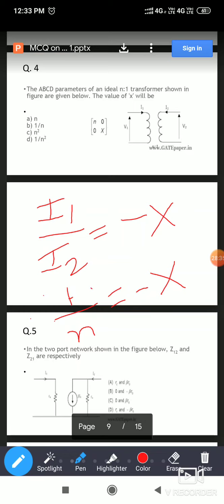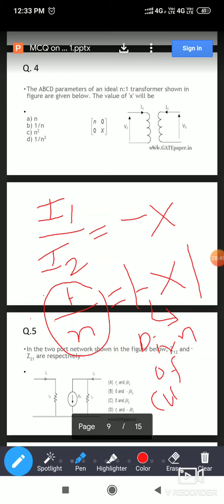As it is the number of turns, x is equal to what? If you take the mod, x is equal to 1 upon n. This minus sign is due to the direction of the current. So there is no need for it if you take the mod, and you will get x is equal to 1 upon n.